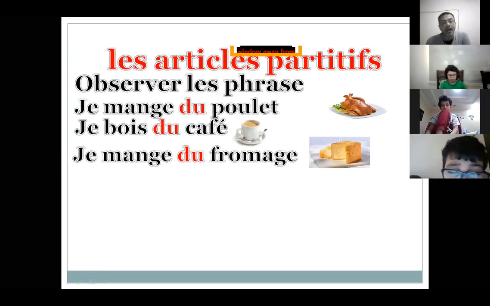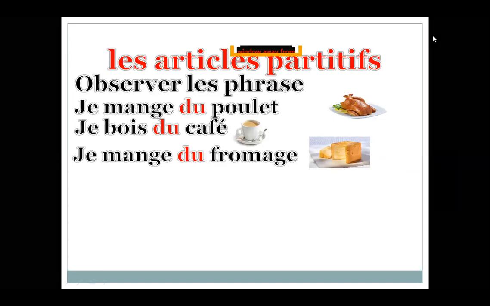What does it mean? I eat cheese. So, see what is similar here in each one of these sentences. We write de before the things that we are eating or drinking. Du poulet, du café, du fromage. Okay?